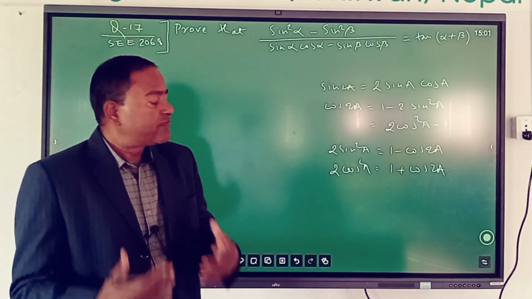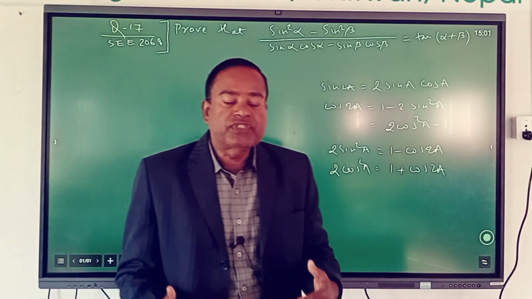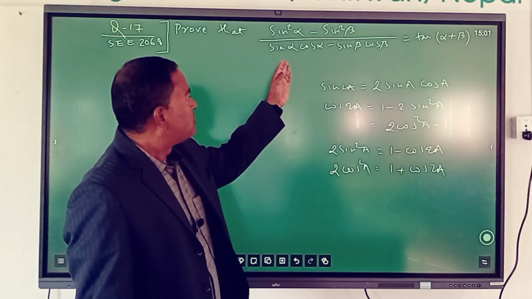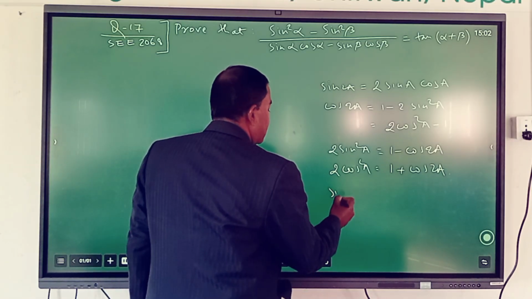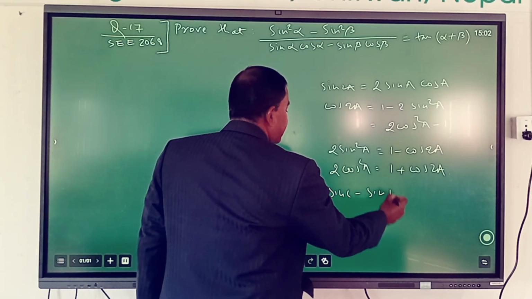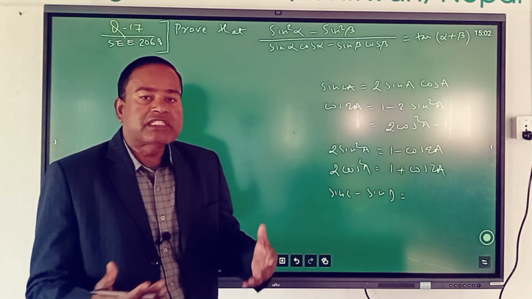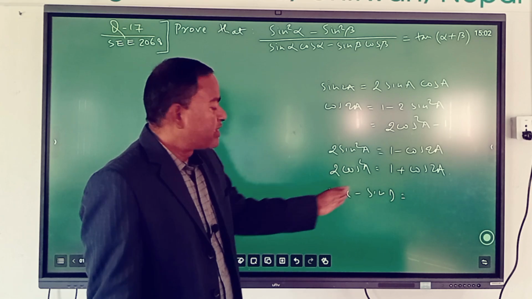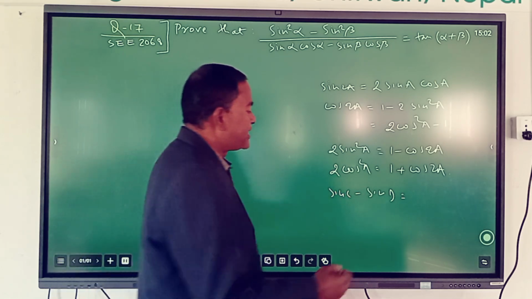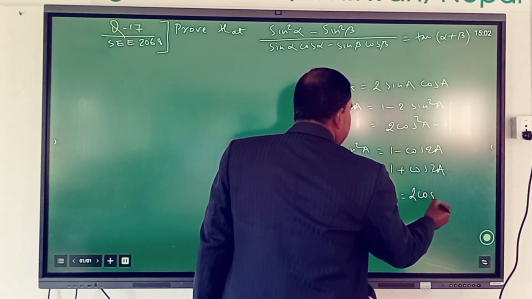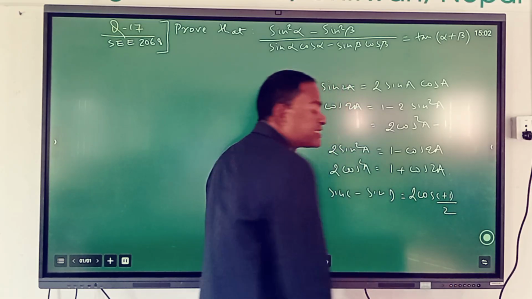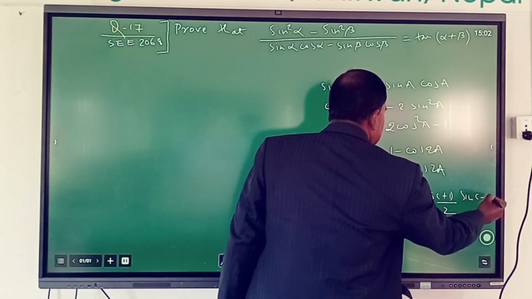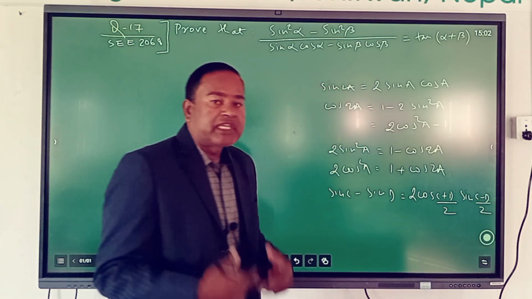So dear students, the next formula which we have to use to prove this problem is the formula of sin C − sin D, which is also known as the transformation formula of trigonometric ratios. We know that sin C − sin D is equal to 2 cos((C + D)/2) times sin((C − D)/2).